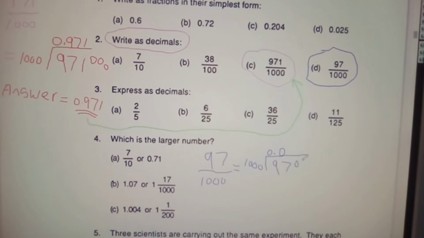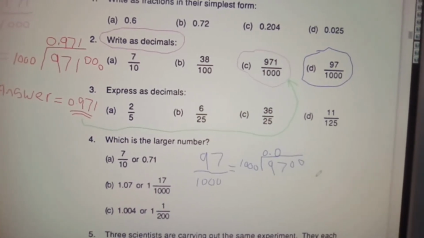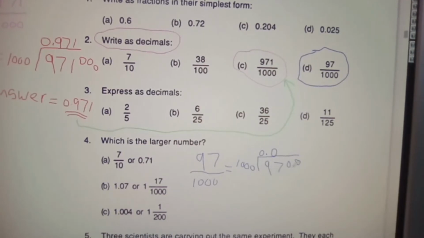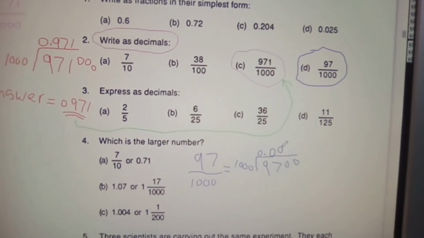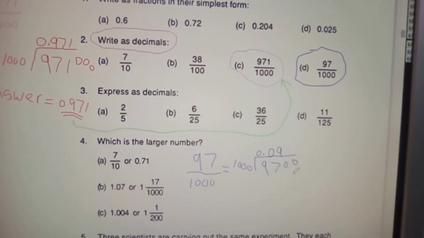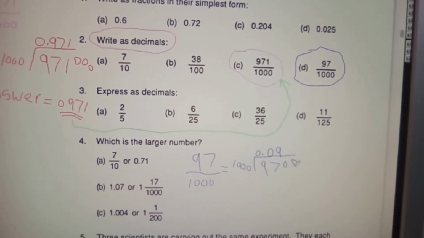And we add a 0 here as well. So 1000 into 9700 goes 9 times. And then we have 700 left. So 1000 into 700 cannot go. So we add a 0 here, okay?